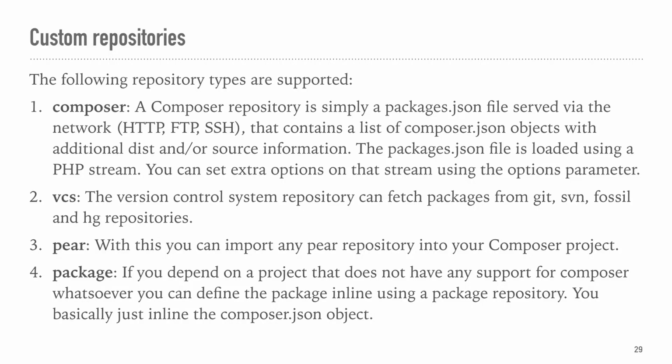Also, we have the version control system type, in which you would specify something from Git, SVN, or Fossil, or other kinds of version control systems, and the location of that. Also, you could use packages from PEAR.